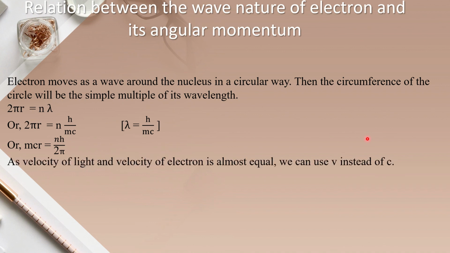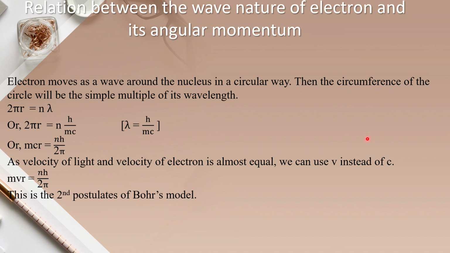Now, the velocity of light and the velocity of the electron are almost equal, so we can use v instead of c. That means mvr equals nh by 2 pi, where v is the velocity of any moving particle or electron.